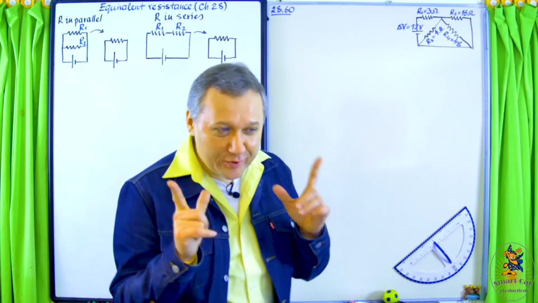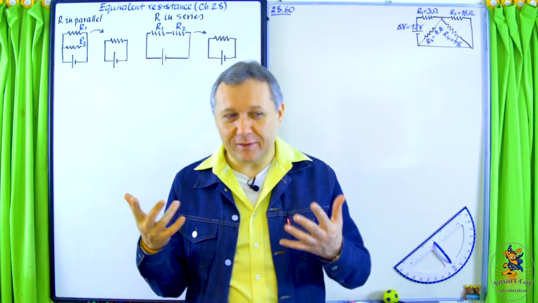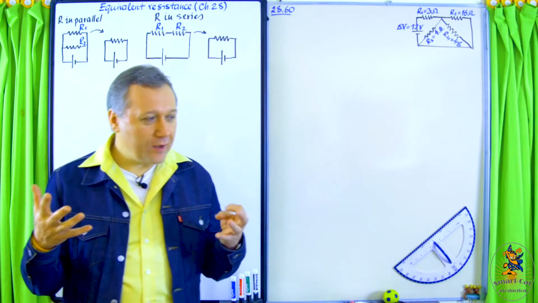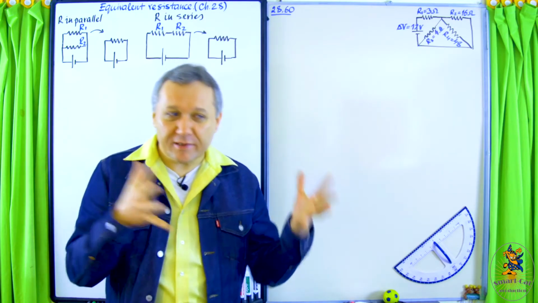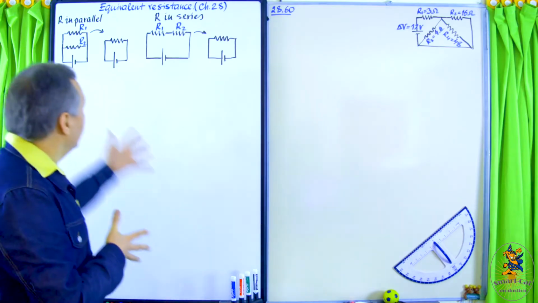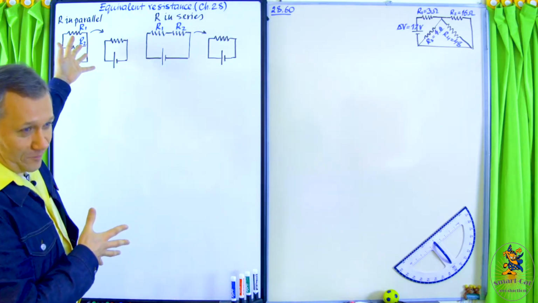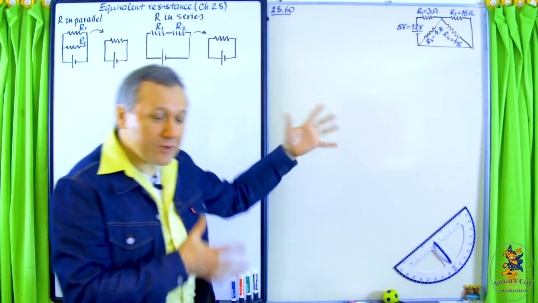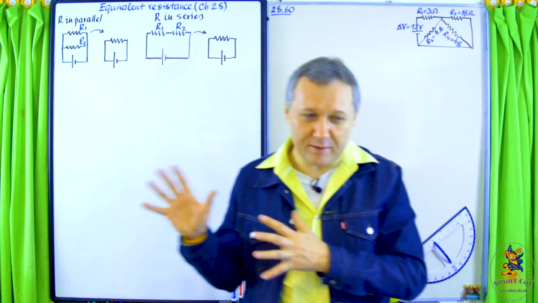But we're going to restrict ourselves significantly. We're going to restrict to the cases where resistors are connected either in parallel or in series. So this method can be used only in these cases.